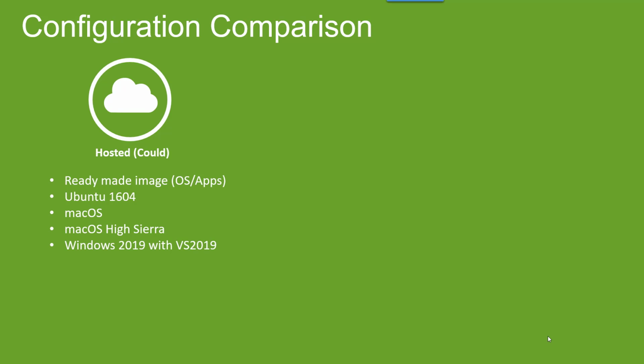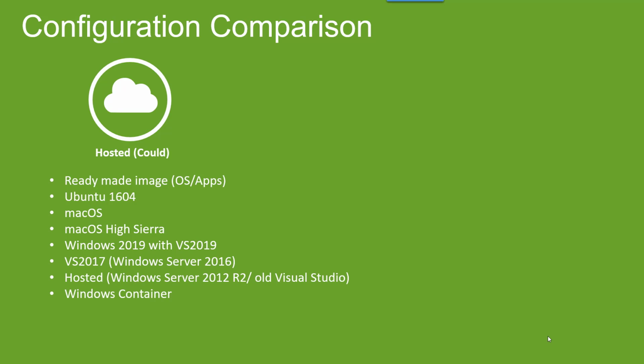Then Windows 19 with Visual Studio 19, Visual Studio 17 on Windows Server 2016, Hosted, which has Windows Server 2012 R2 with all the Visual Studio, and Windows Container for building containers. So these are ready-made images with applications, and again I don't install either the operating system or the applications on this machine.